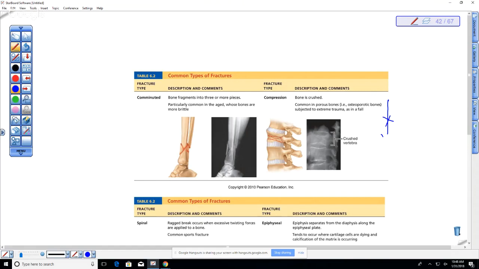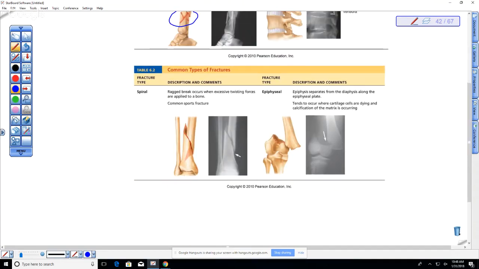The reason why they might be hunched over like this, with kyphosis, could be due to the fact that they have actual crushed compression fractures in their bones. Again, these bones are more brittle. So this would be the type of fracture that you might see in an old person. And obviously that's a lot harder to repair than a fracture where you just have one plane of breakage.